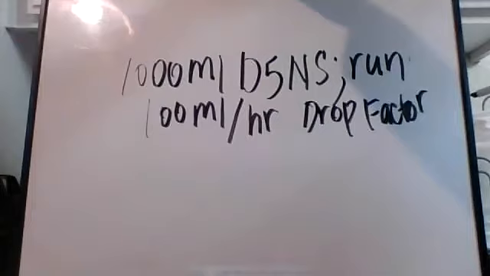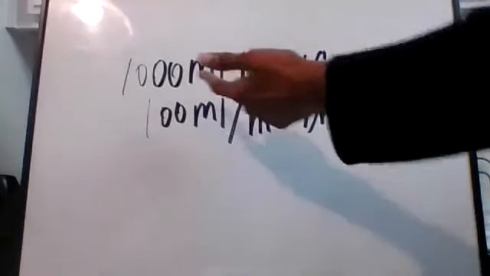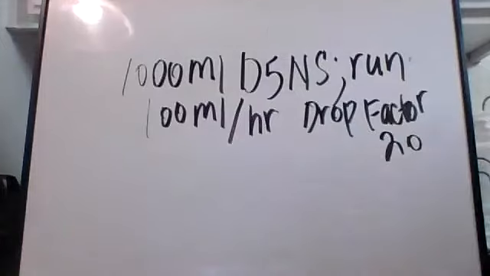The drop factor for this problem is 20, okay? So you already know what the setup is going to be. They want us to give 1,000 milliliters of D5 normal saline to run at 100 milliliters per hour. The drop factor is 20.